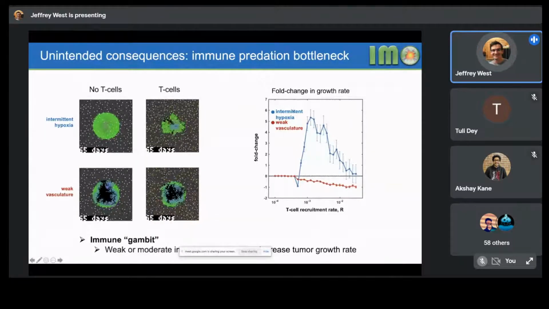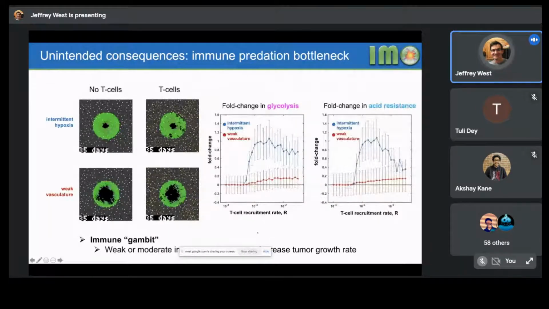But contrast that with intermittent vasculature, where we have this middle range where we can actually do damage to the patient by recruiting more immune predation because we're selecting for evolution that wasn't previously there. So in other words, we could think of that case as a fairly benign tumor, and that immune system is selecting for the aggressive traits of that otherwise benign tumor. And again, you can see where the gambit comes in here.